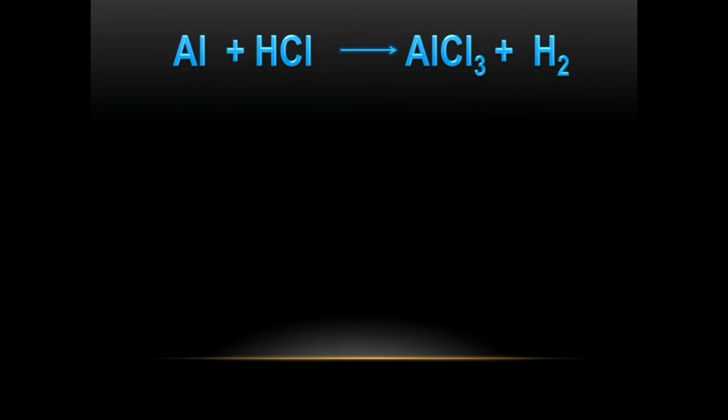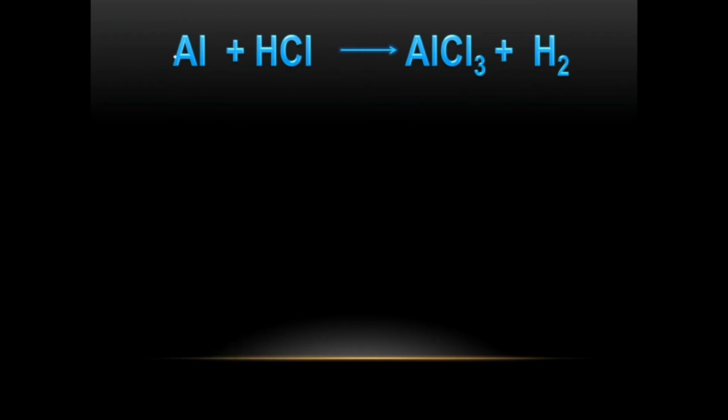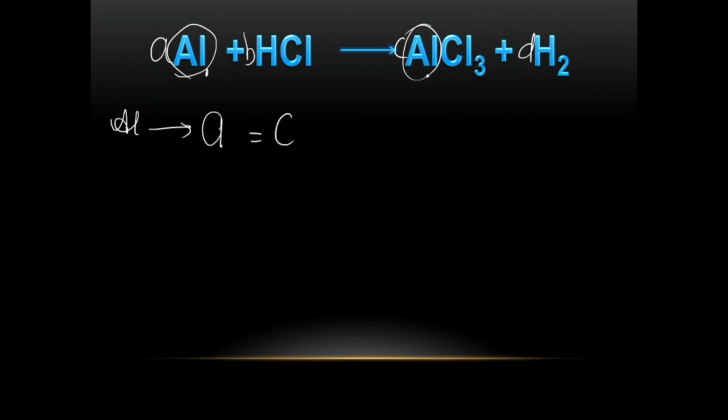Second one, I have picked up a simple equation just to make the concept more clear for you all. Okay, so let's get started here children. Try it on your own. A, B, C and D. Chalo, how much is aluminium here? Aluminium one time, aluminium one time. So A equal to C. No number here, no number here.